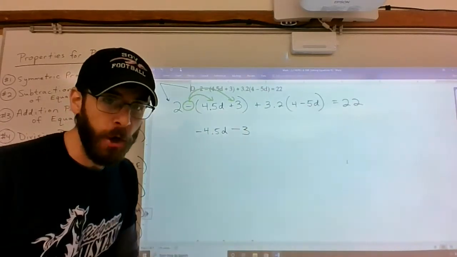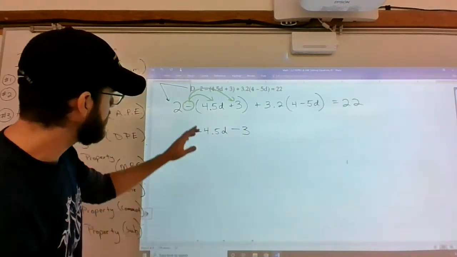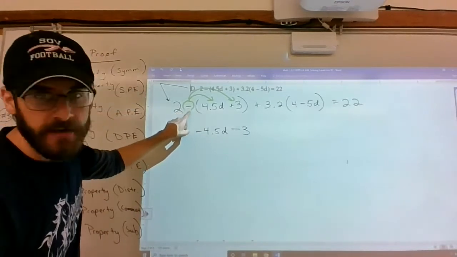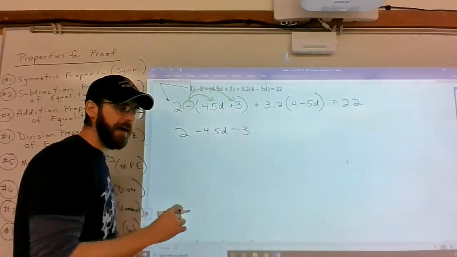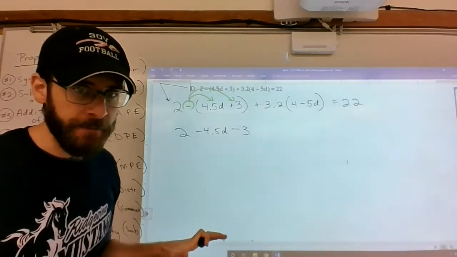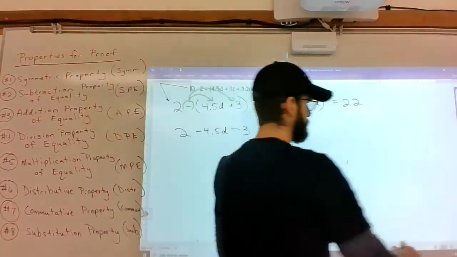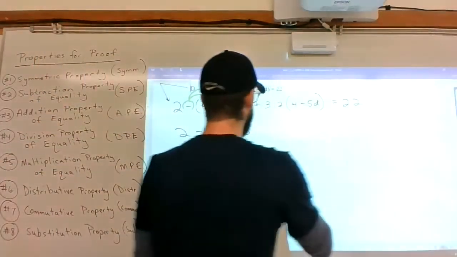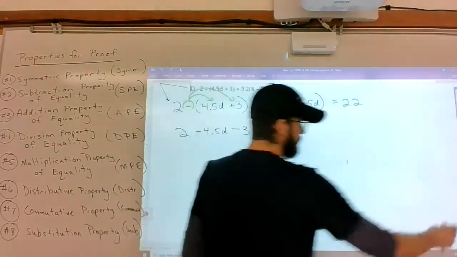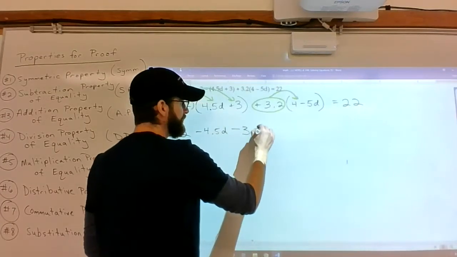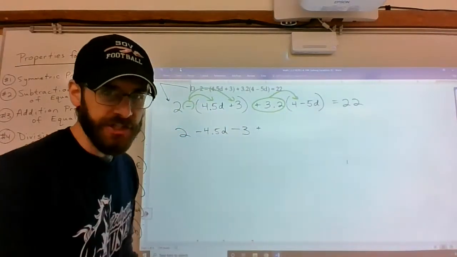Notice I didn't multiply by 2. It's 2 minus, not 2 times. So the 2 just drops down, and it's not being multiplied by anything. Over here, I'm going to take positive 3.2 and multiply that by 4. Now this maybe requires a little calculation off to the side.